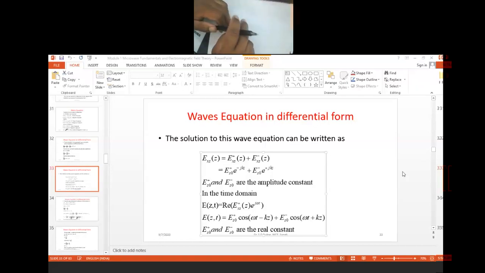And for a given wave, our aim is to find out the field components, that is, the electric field component and the magnetic field component. Based on the electric field component and magnetic field component, we can find out the power, the Poynting vector. What is P?